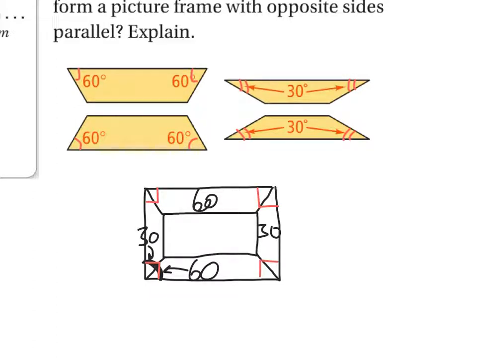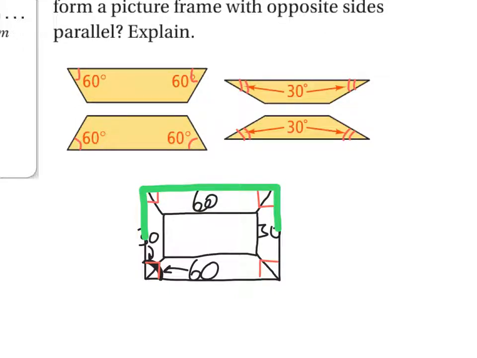Now the question is, are our opposite sides actually parallel? Well, I hope so. They should be. Because if I look here, this makes that C shape, right? So that means this angle and this angle here are same side interior angles. Are those two angles supplementary?